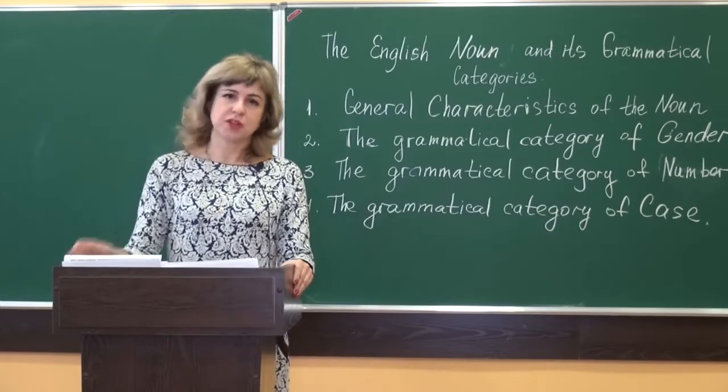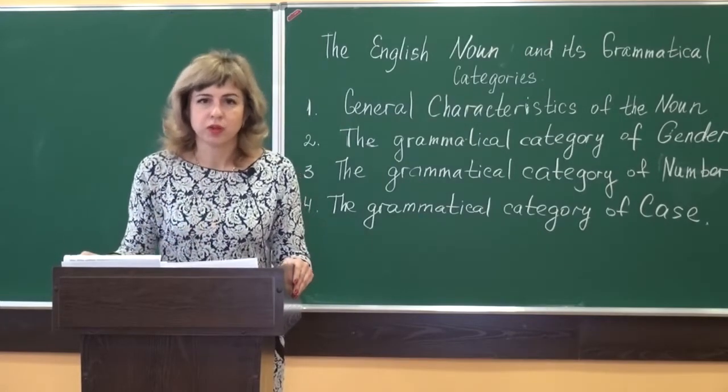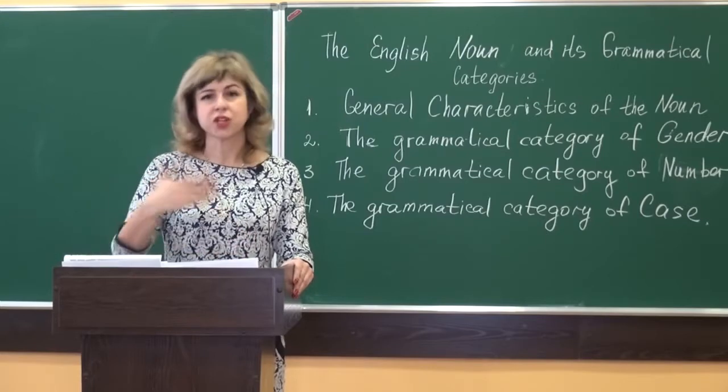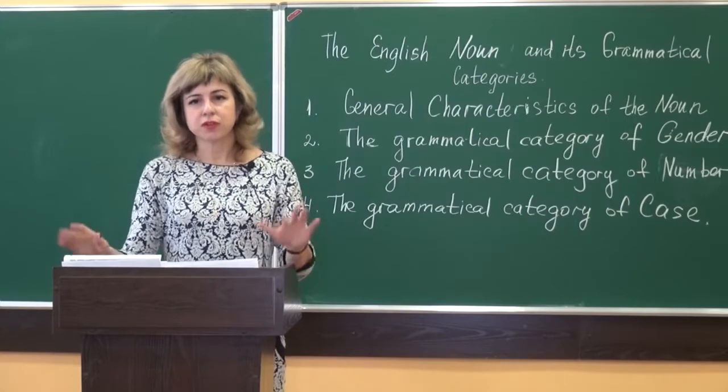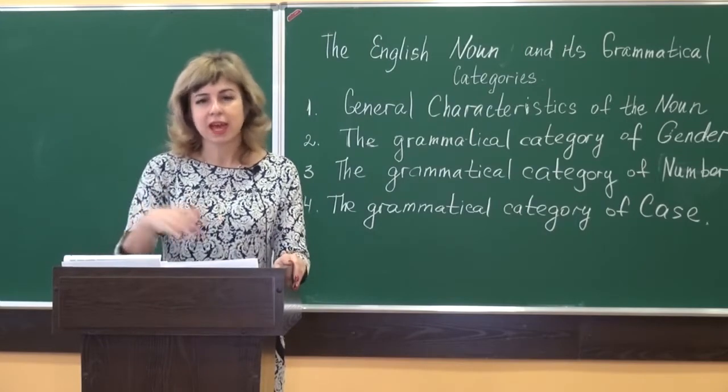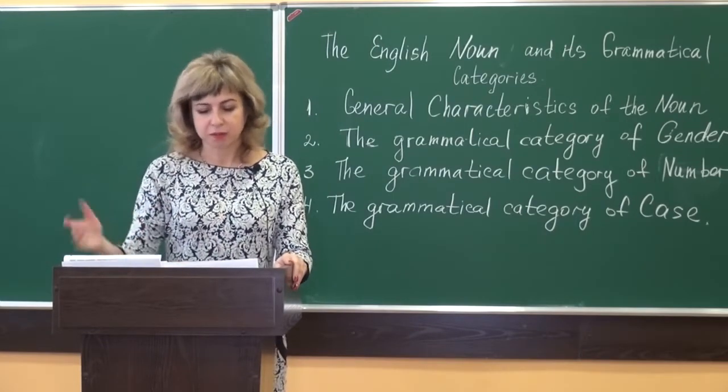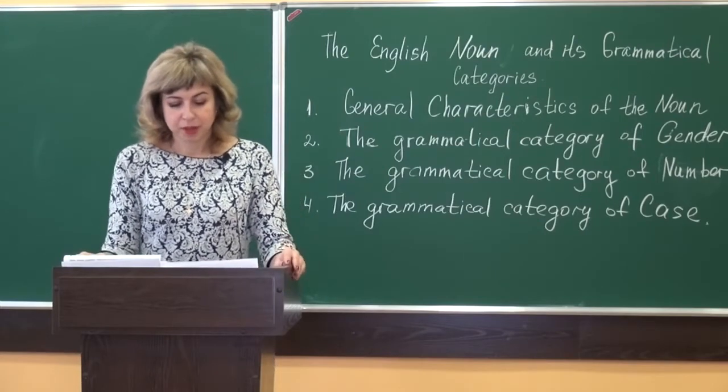And the last group, which is actually the most interesting from the point of view of learners of English as a foreign language, is nouns of heterogeneous semantics. And to this group we refer such nouns as hair, money, advice, information, and the like.